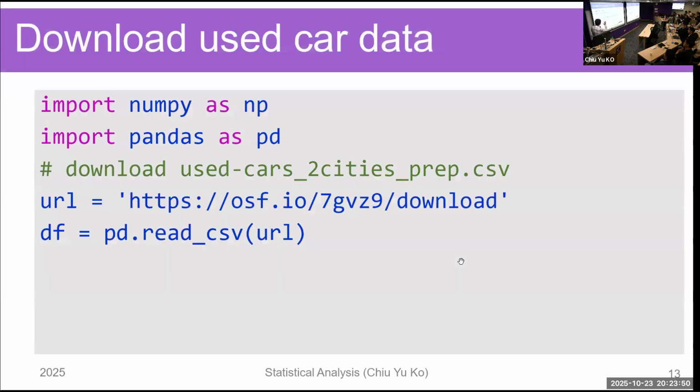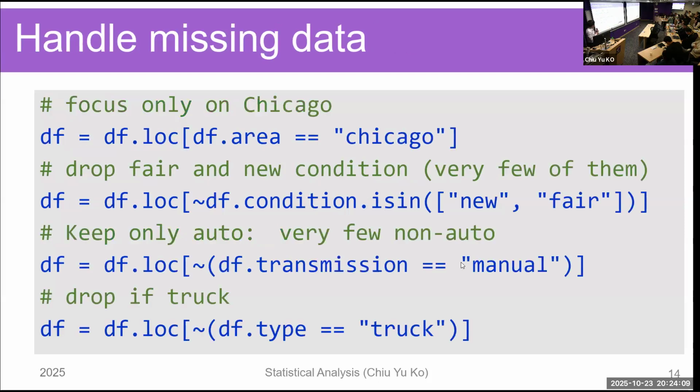Okay. Again, I'm not going to run it because of time, but you can run it because the code is already on the website. But just make sure that you swap this line when you run it, but on the Google Colab it is already swapped. Okay, you can run the Colab one. So NumPy, Pandas, URL, data. Okay, and focus on Chicago, and focus on the condition.